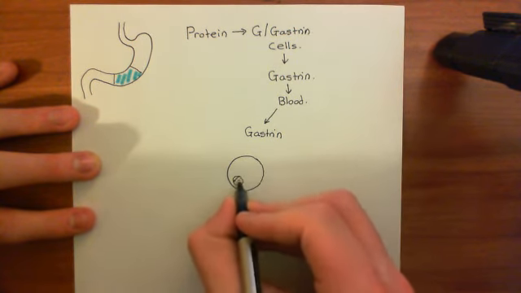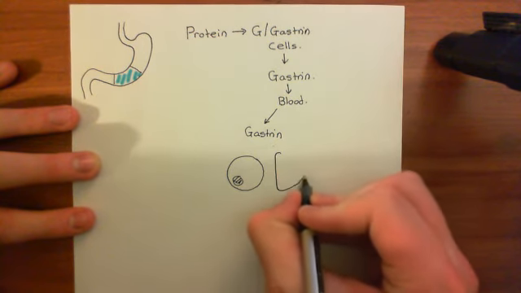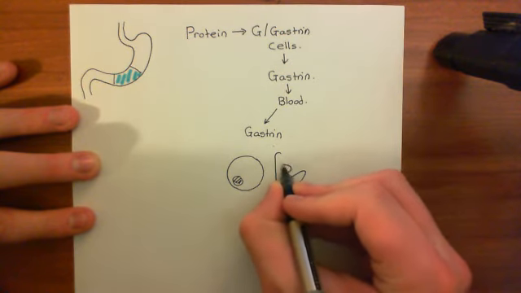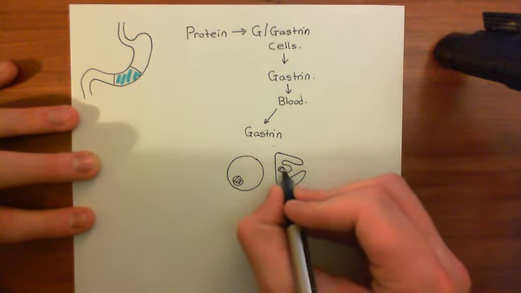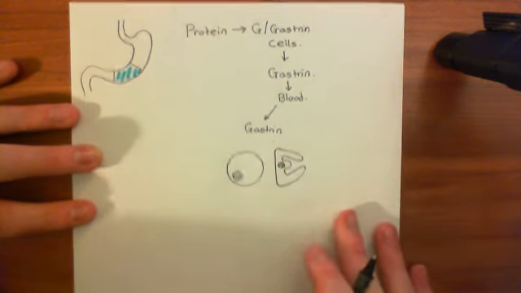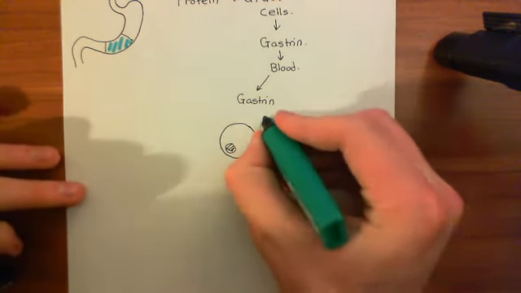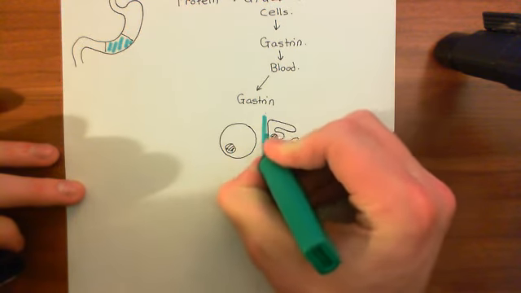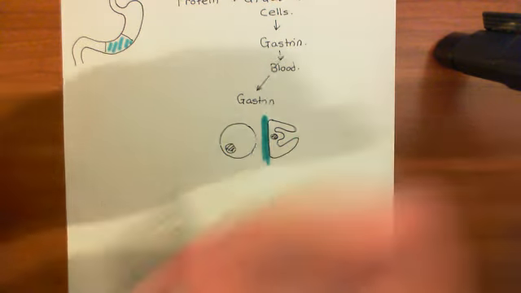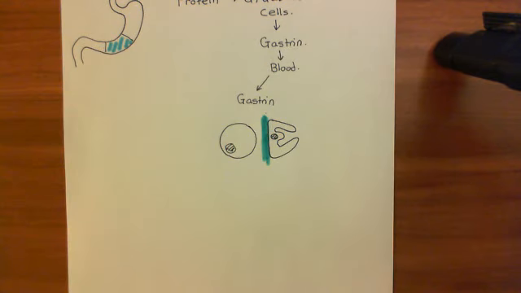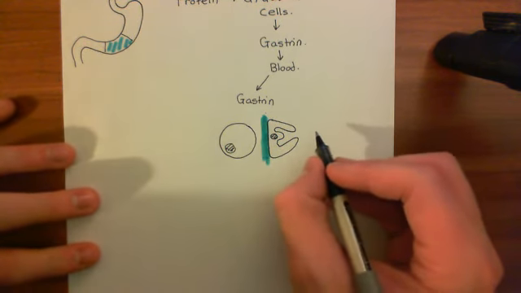So here's its nucleus, and then you have the parietal cell very close by to it. We know that the enterochromaffin cell is releasing a basal level of histamine, which tells these parietal cells to secrete a basal level of hydrochloric acid. Basically, what gastrin is going to do is it's going to scream at these enterochromaffin-like cells to secrete more histamine so that the parietal cells will then secrete more hydrochloric acid.